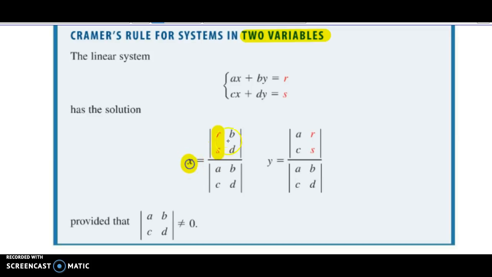In order to find x, you take the determinant of r, s, b, d and divide it by the original determinant. In order to find y, you have a, c and replace with r, s and divide that by the determinant. If A, B, C, D, when you take that determinant, equals 0, then it's undefined.